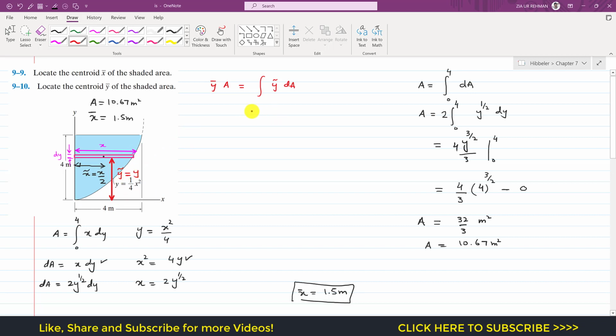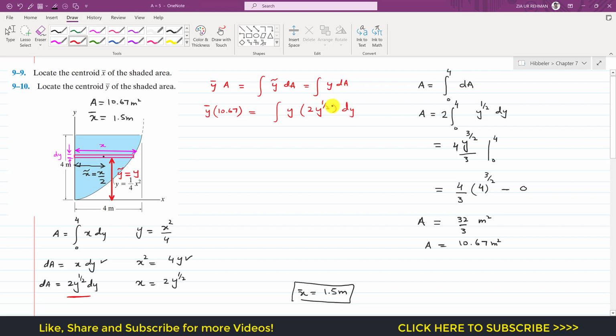So we can write that this is y dA, and similarly y bar times the area, which is again 10.67, so I will write it as 10.67 meters square. And y dA is y times x dy, or we can write in terms of y like this: 2 times y to the power 1 divided by 2 dy.